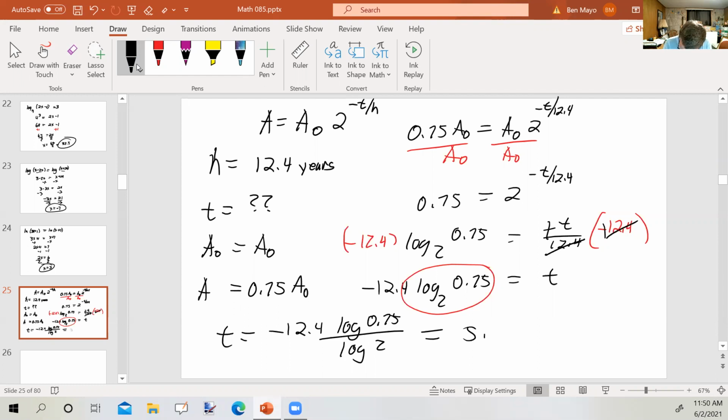I'm getting 5.146464991. And let's see what they said. They didn't tell us, but they rounded to the nearest 10th of a year, probably because the half-life was given to the nearest 10th of a year. So this would be 5.1 years.